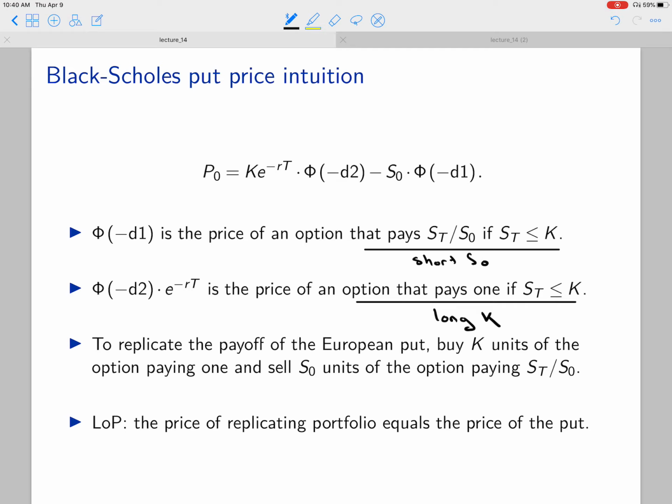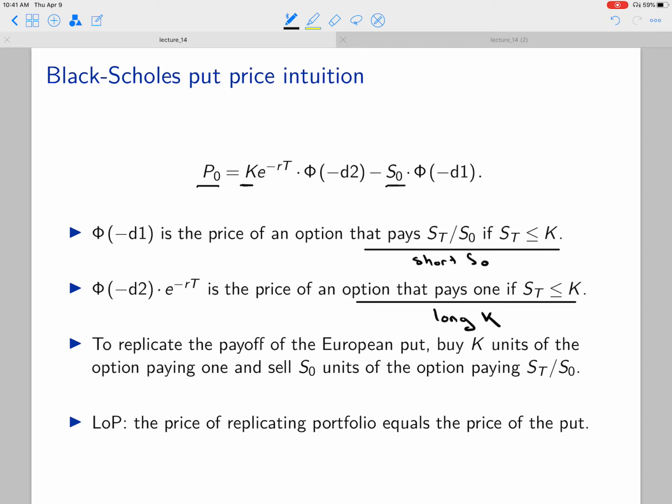Okay. Because these two payoffs are the same of these portfolios, the prices must be the same. So the price of the put option must be the price of the replicating portfolio, or K times the price of the option that pays 1, minus S0 times the price of the option that pays the gross rate of return.